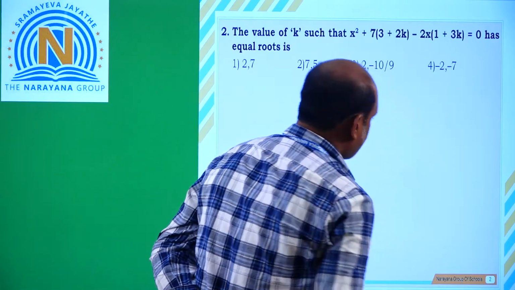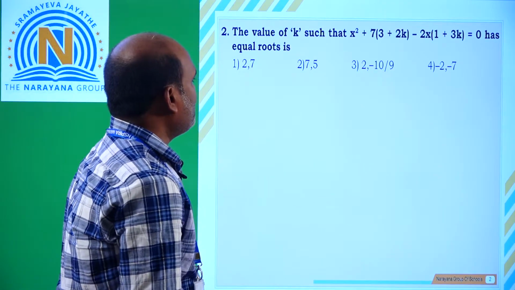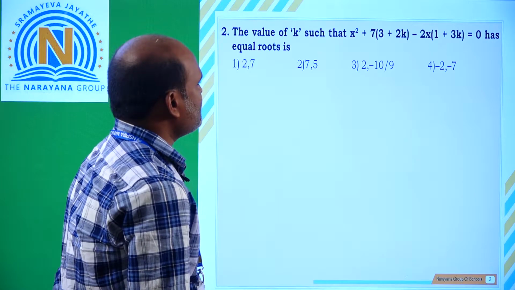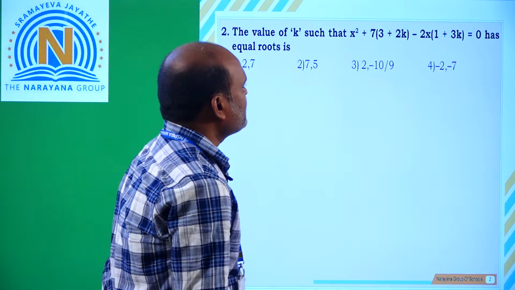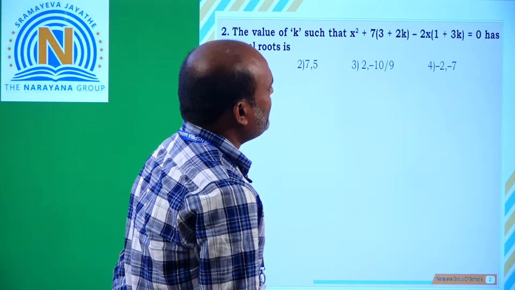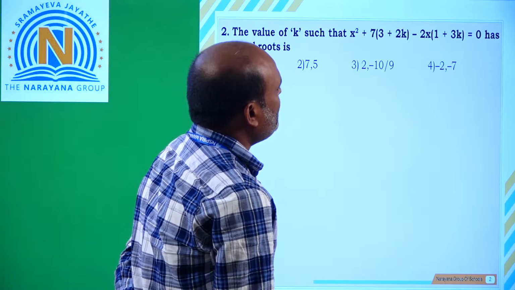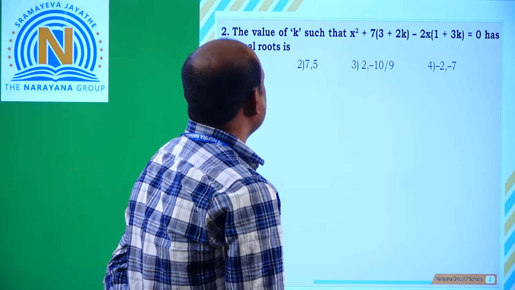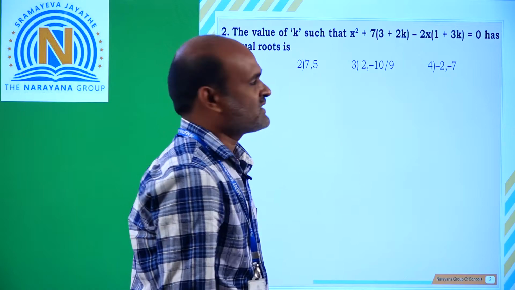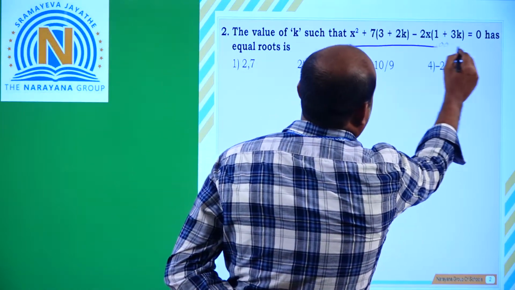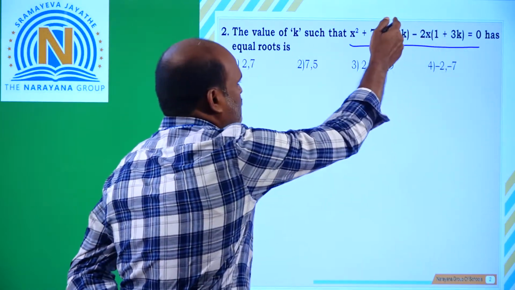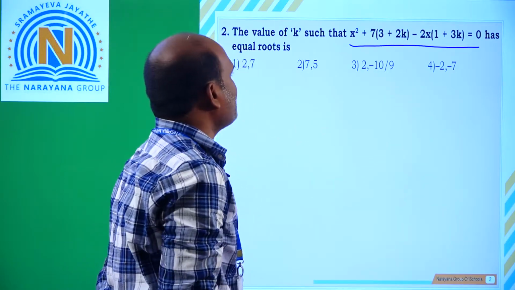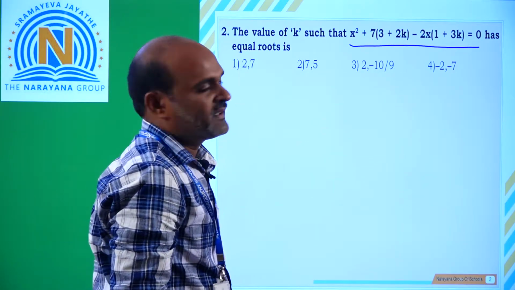Now coming to the next one, the value of k such that x square plus 7 into (3 plus 2k) minus 2x into (1 plus 3k) is equal to 0 has equal roots. So given quadratic equation is this one and this quadratic equation has equal roots, then find the value of k.